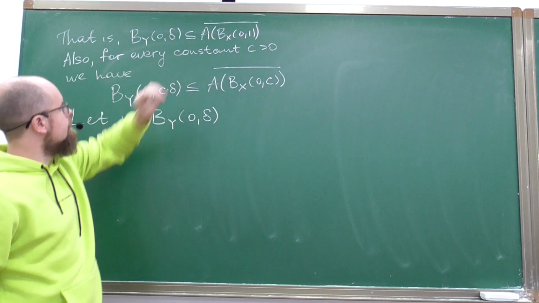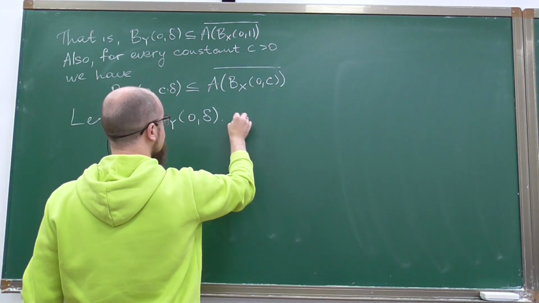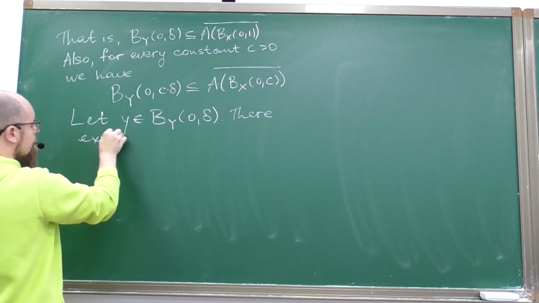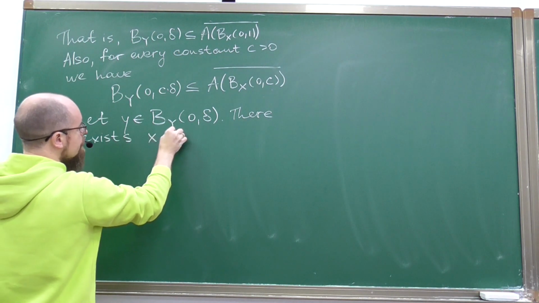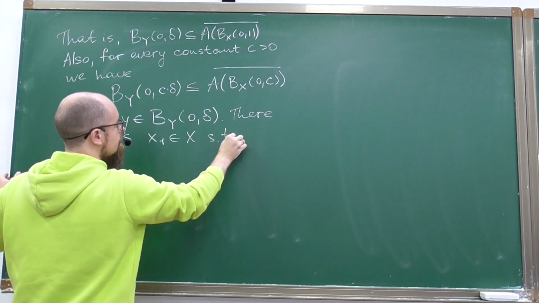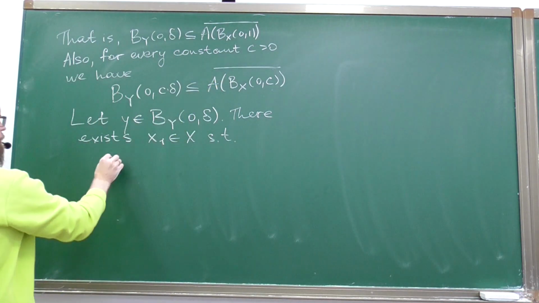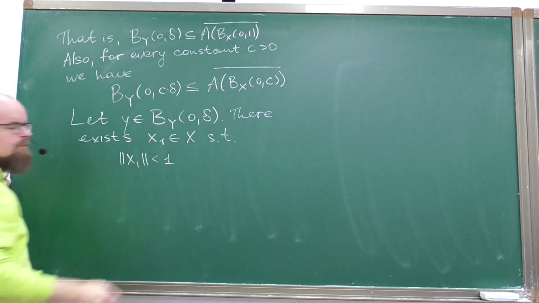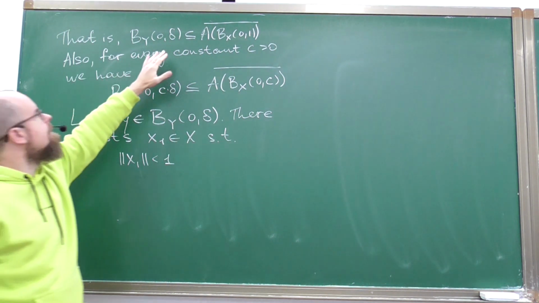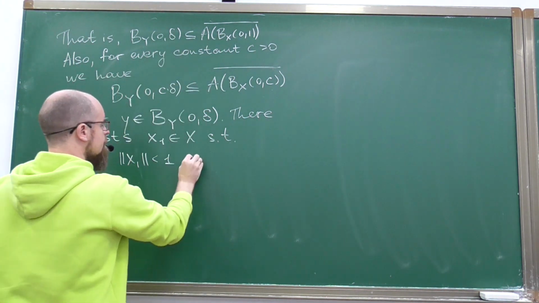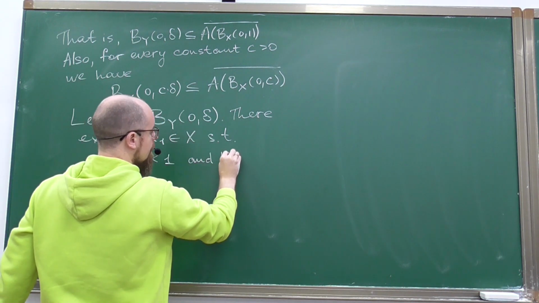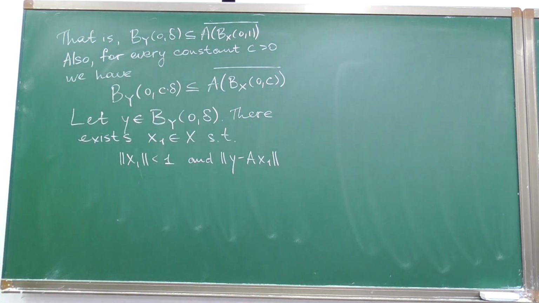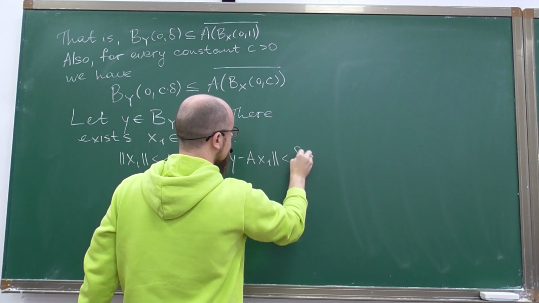Using this inclusion, I can find x1 from X such that it belongs to the unit ball, so the norm of x1 is less than 1, and since this ball belongs to this set, the norm of y minus A x1 is less than delta over 2.